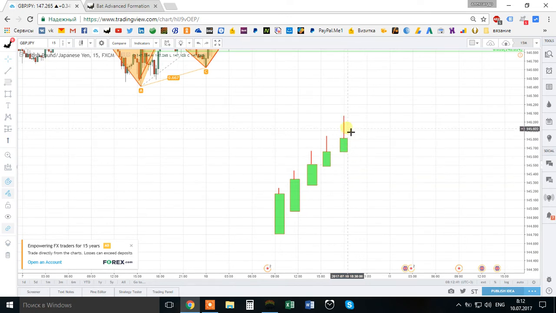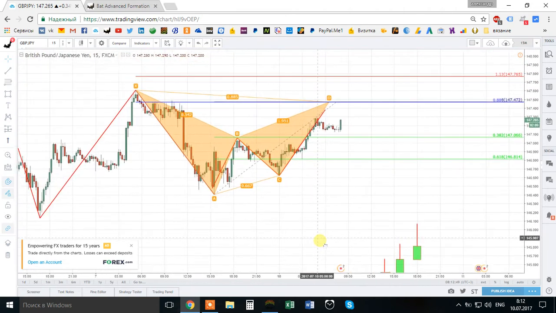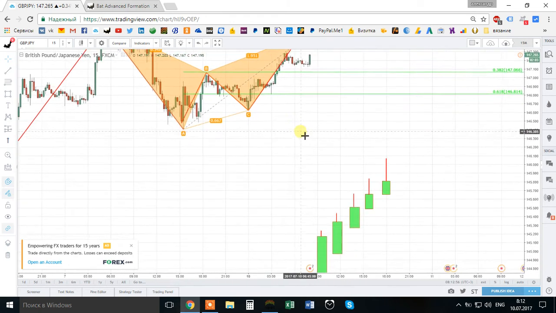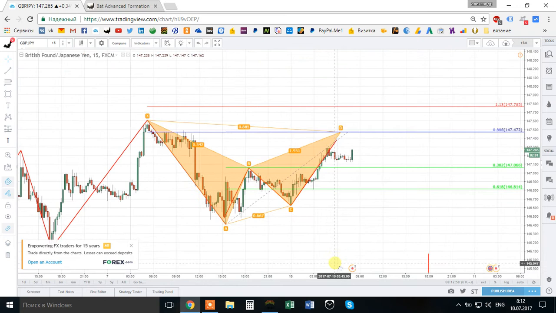So this increases the probability. The body becomes smaller and smaller, and the shadows become larger and larger. This increases the probability of the pattern working exactly at that level. So pay attention to price action within the CD leg.